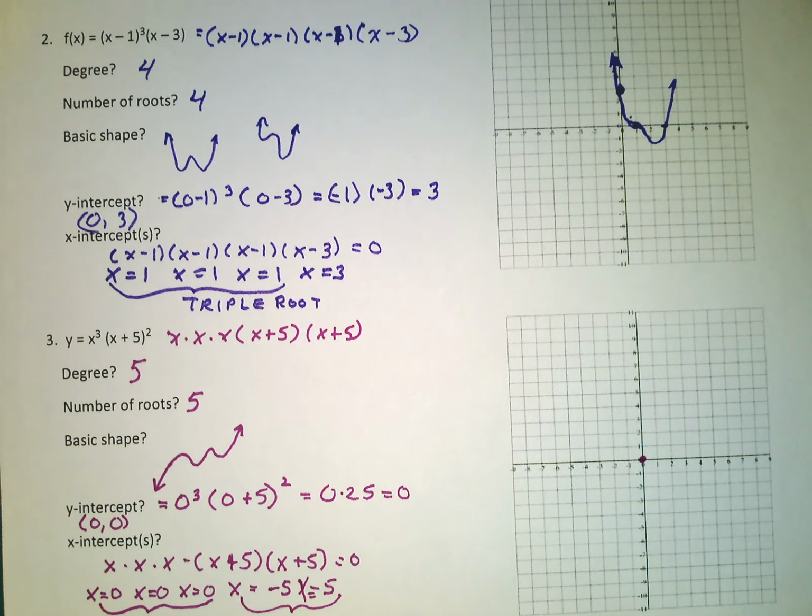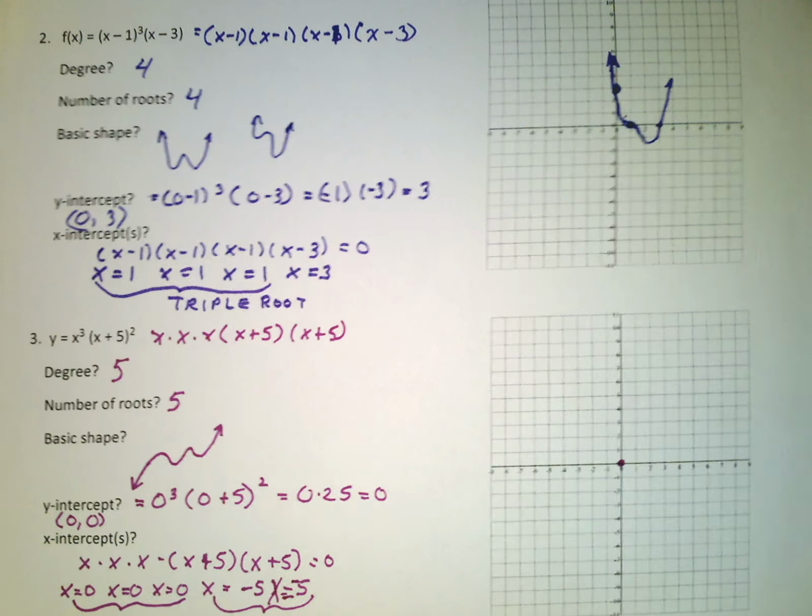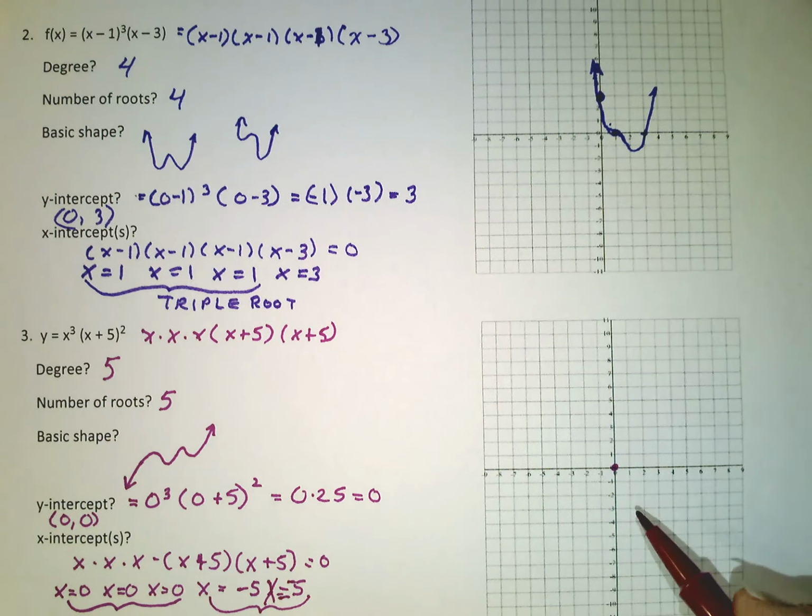So this crazy thing is going to flatten and cross at x equals 0. It's going to bounce at x equals -5. Oh boy. And it's going to kind of look like this.